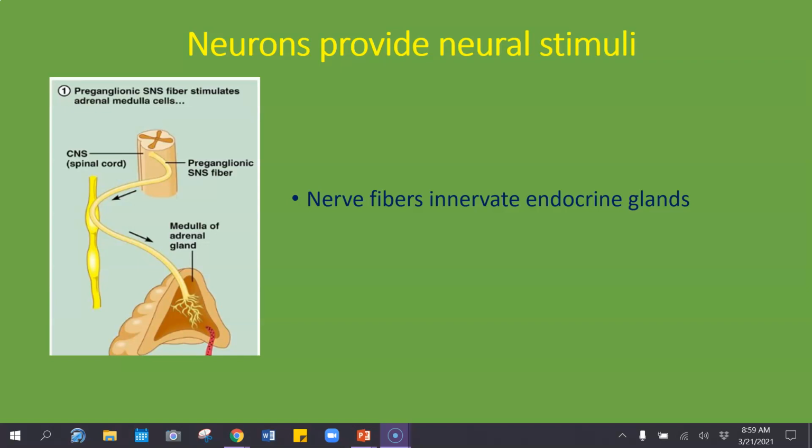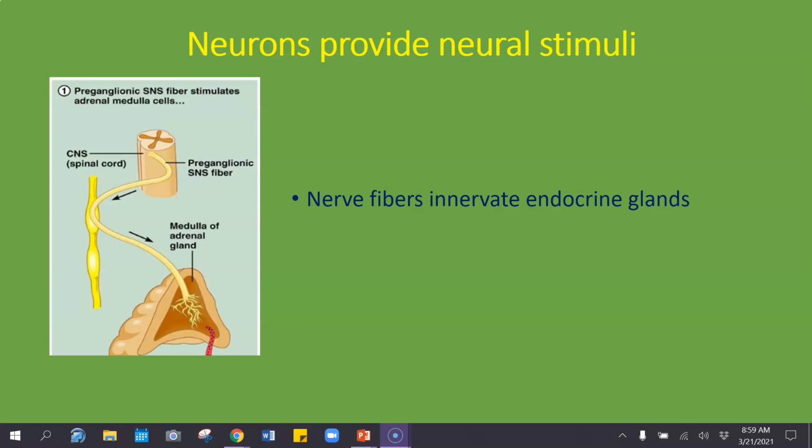So what stimulates the release of hormones? Well, we've got three categories of stimuli that can activate hormone release: neural stimuli, humoral stimuli, and hormonal stimuli. So what we're looking at here is a diagram of a neural stimulus.